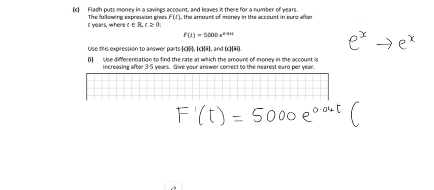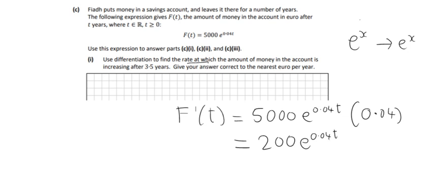So the differential of all of that would be 0.04. And then simplified, you can do 0.04 multiplied by the 5,000, and that will give you 200. And then e to the 0.04t.